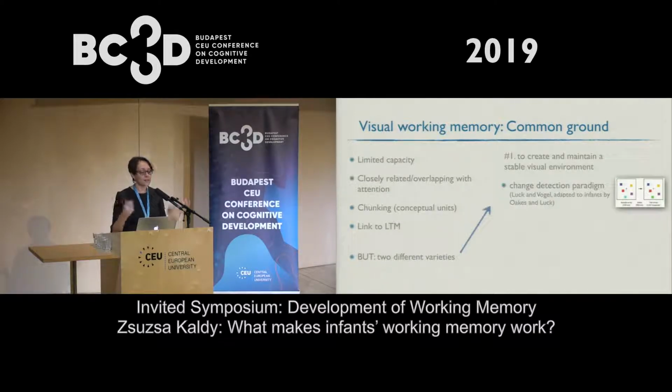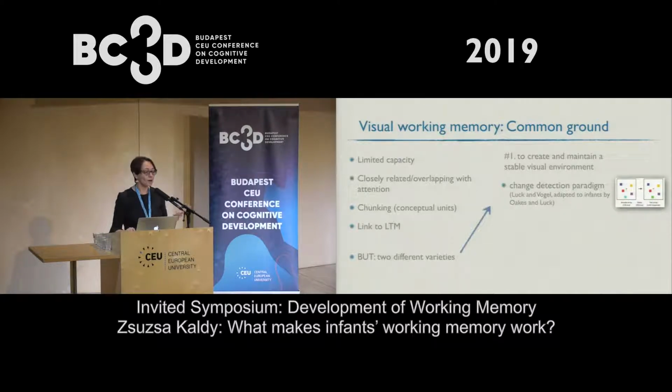Literally thousands and thousands of papers have followed up on this work, and it has been adapted for use in infants as well by Lisa Oakes and Luck again. And we know a lot about this type of system. And Luck was the author who called it visual working memory.